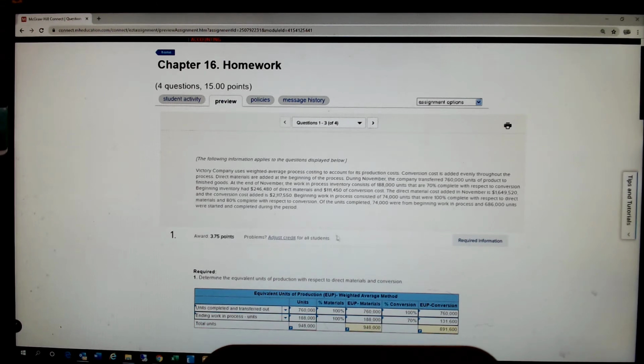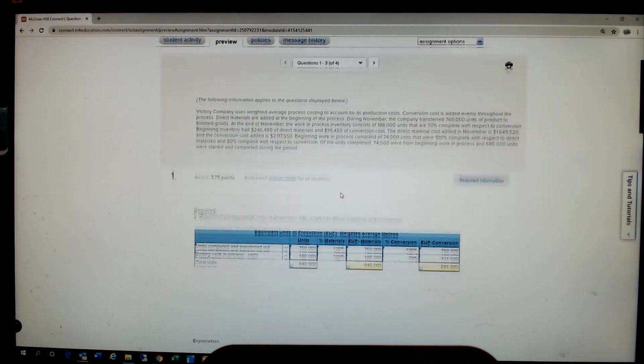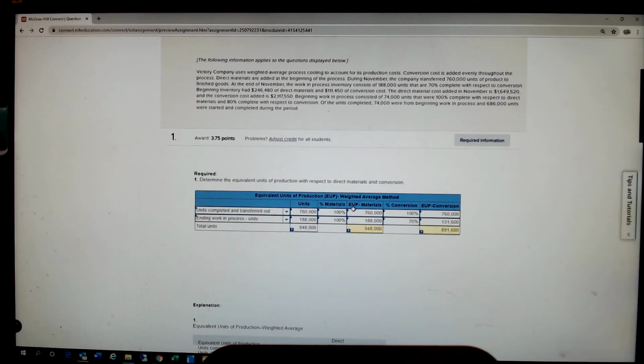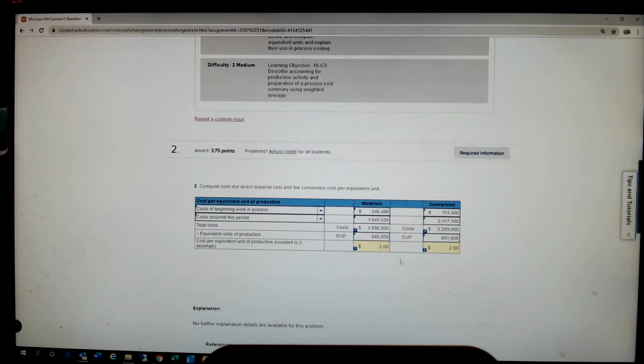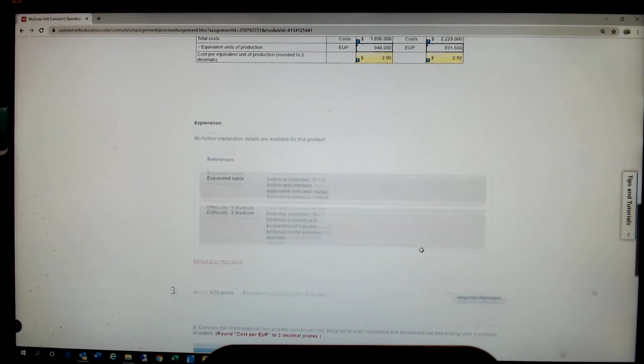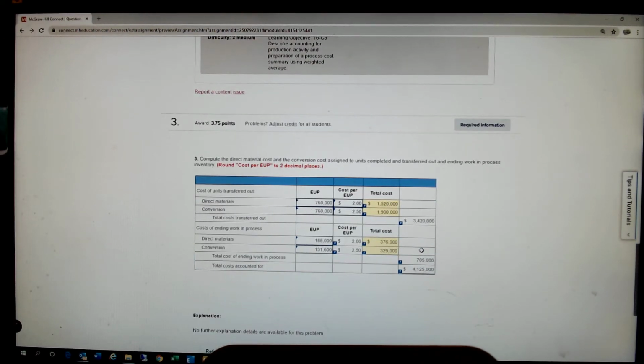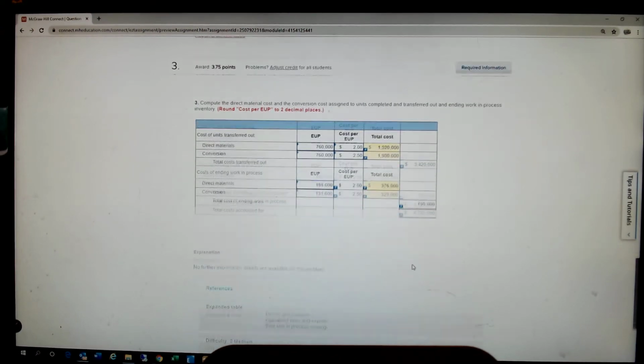It gives us the information, as you'll notice. Then it's going to have us compute the equivalent units of production. Then it's going to want to know the cost per unit for both materials and conversion costs. And then we're going to use those to compute the cost of the units gone and the cost of the units that are still here.